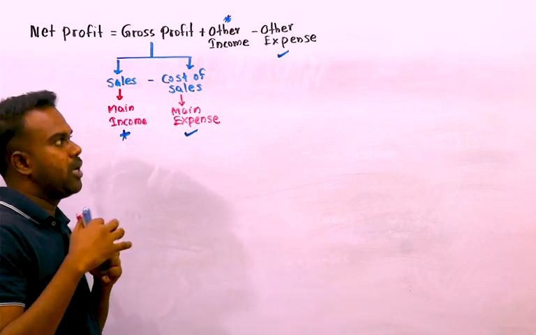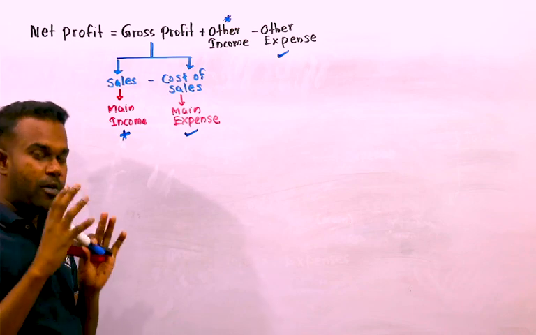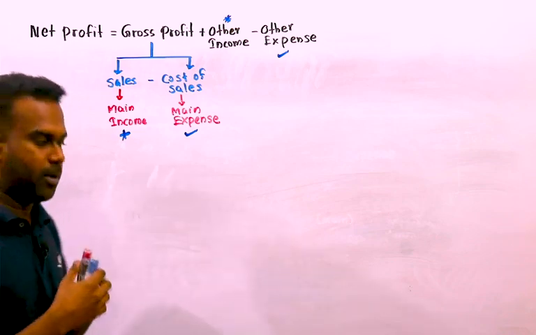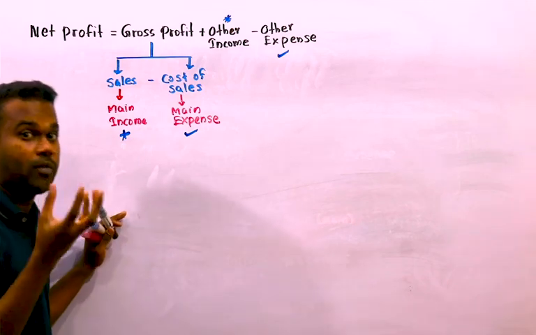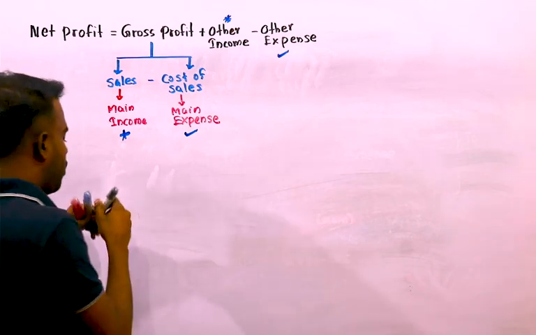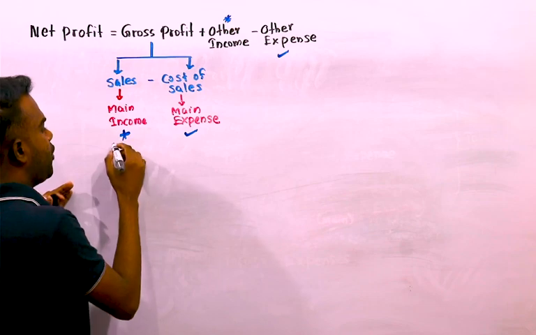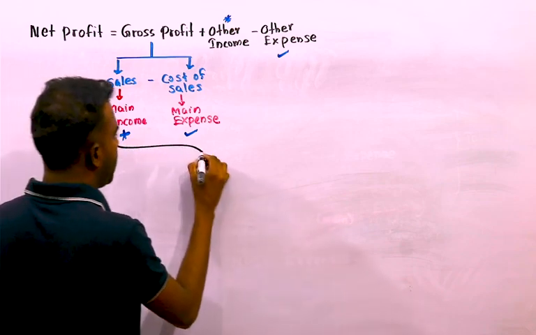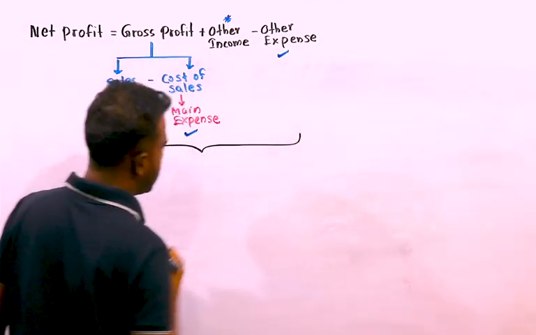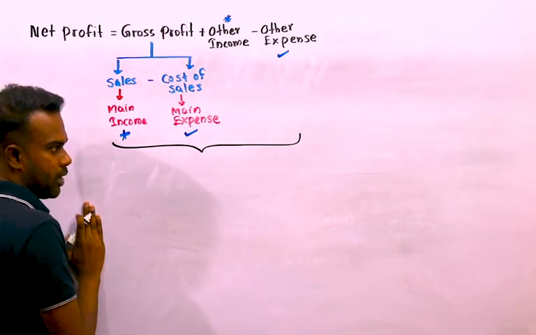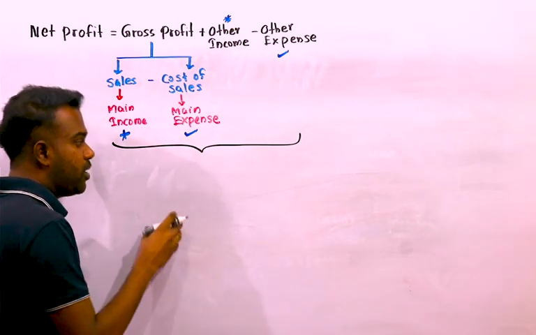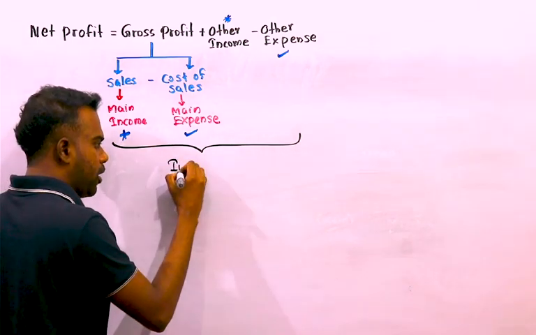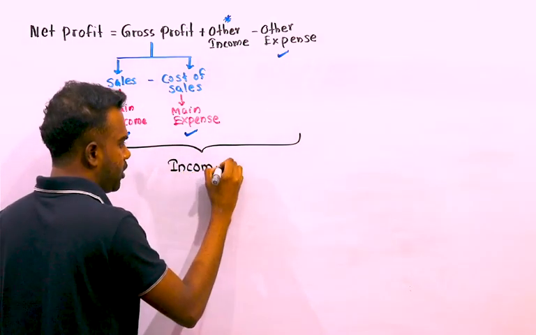Finally, when we are preparing income statement, right? Actually, income statement is prepared to find out profit for the period. Therefore, this is the equation. When we are preparing the income statement, we should present these figures.